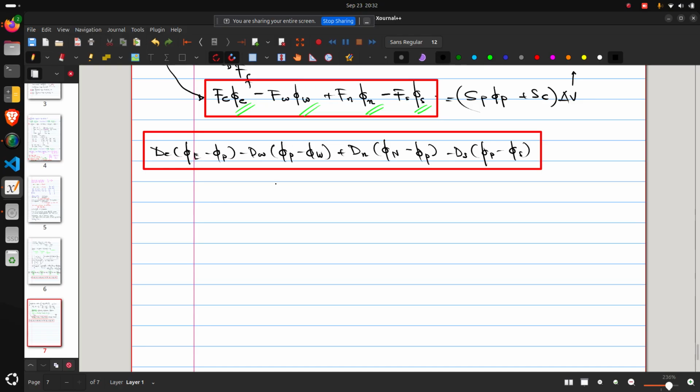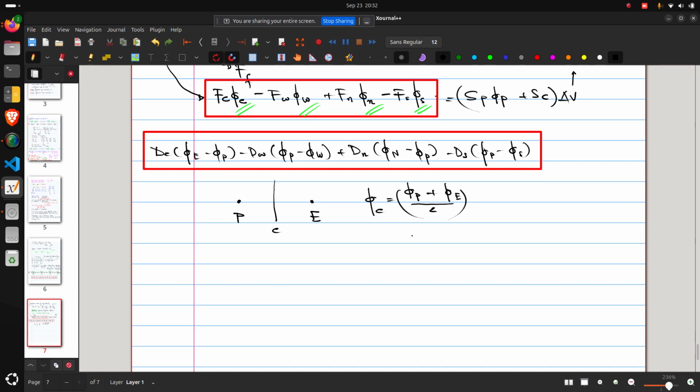So for example, if you have the east cell and you have the point P and point capital E, we can write phi small e as an average of these two points, right?